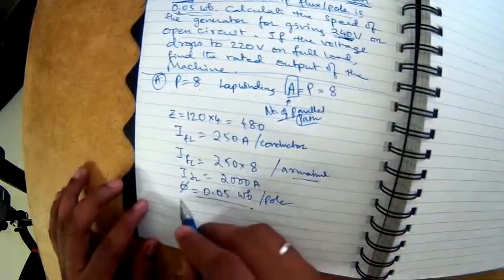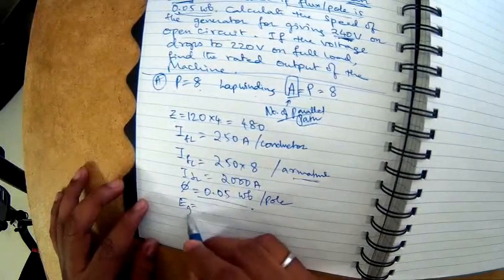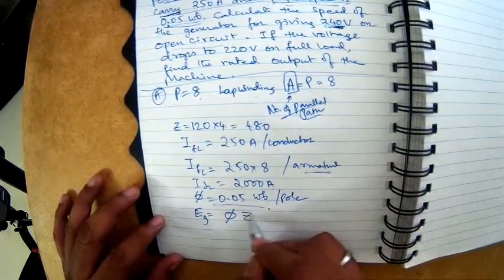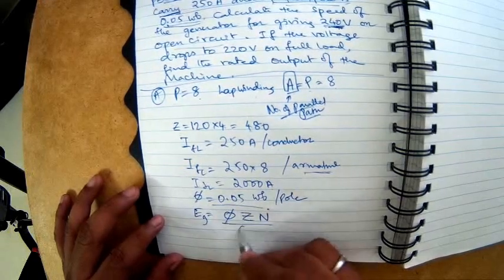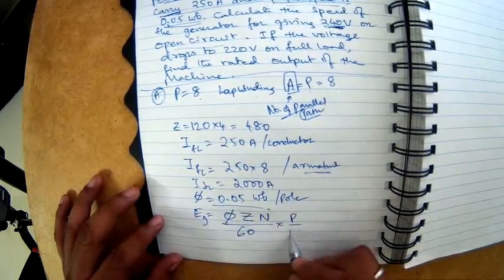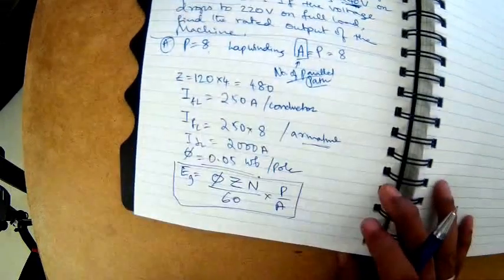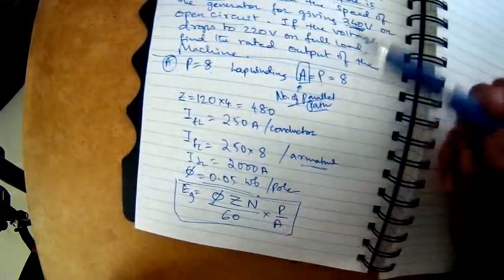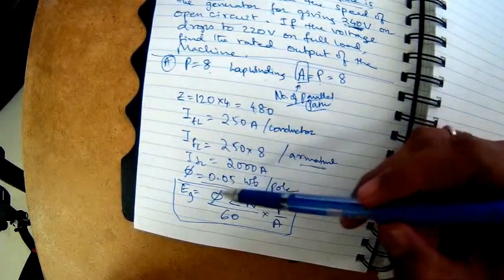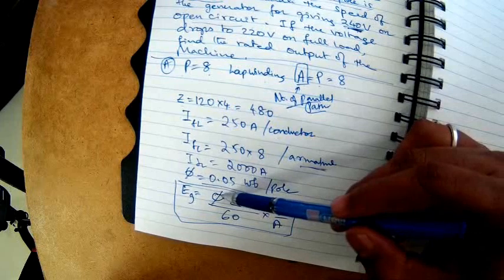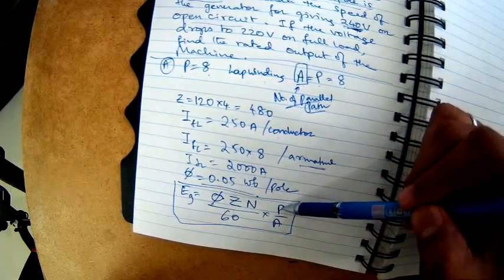And for induced EMF, we know the formula: phi Z N by 60 into P by A. This is the formula for induced EMF in the generator. It's very easy to work out. For example, this is flux per pole and this is the number of poles, so this will give the total flux in one revolution.